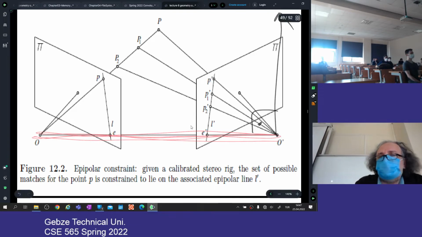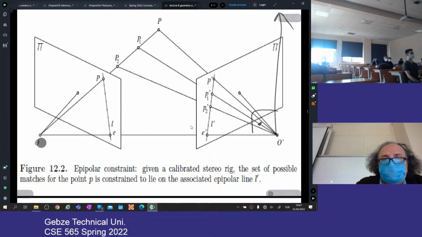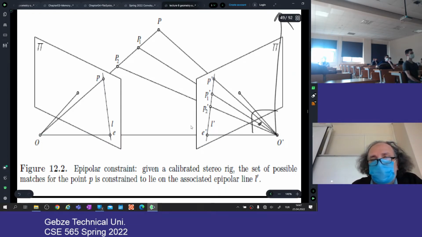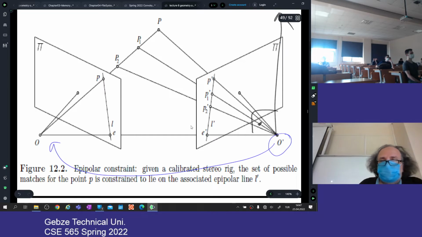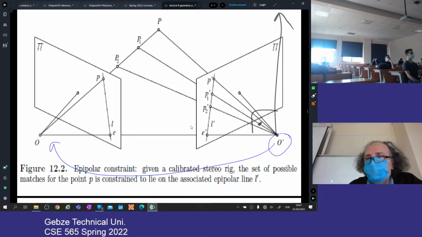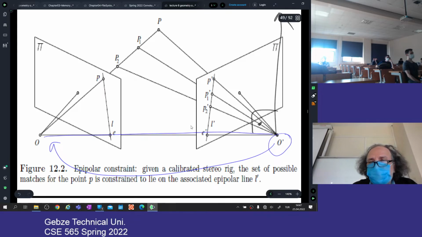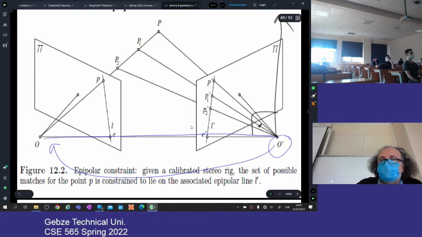This is P, but their coordinate systems are different. This one lives in a different coordinate system. This one lives in a different coordinate system. So maybe I should translate this O prime, P prime to this coordinate system. What am I going to do? I will take this baseline T, O prime, subtract it from this point, and rotate it with the rotation matrix.